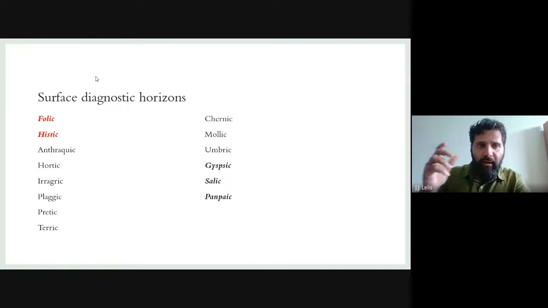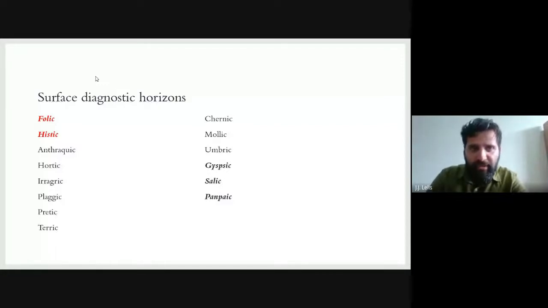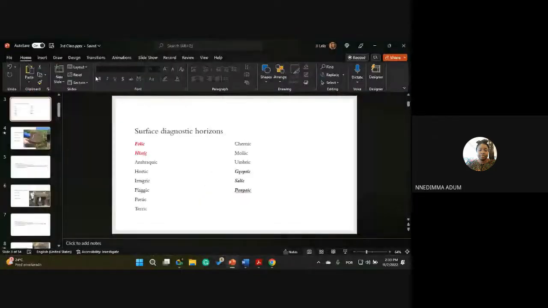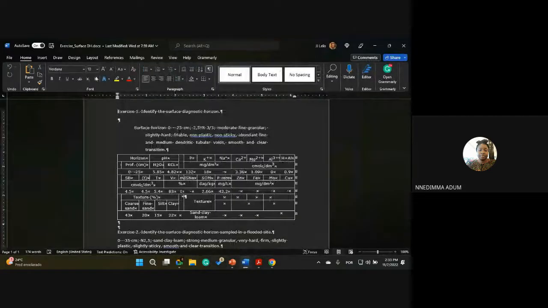Now, I sent you in the last class an exercise with two questions, and I asked you to classify those horizons. Did you do the exercise? Can we try to classify these horizons? I tried, but I'm not sure because the features you presented there are quite confusing.